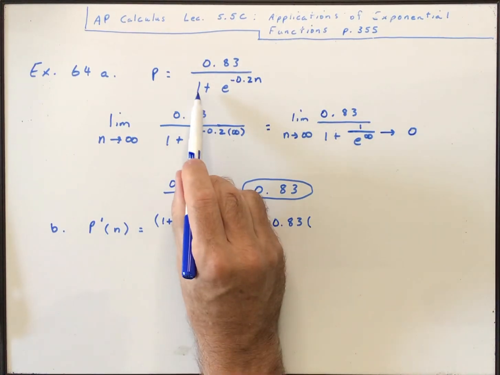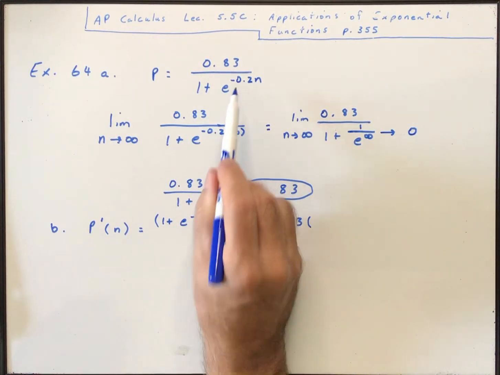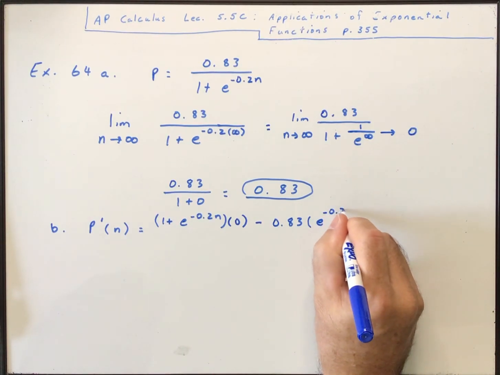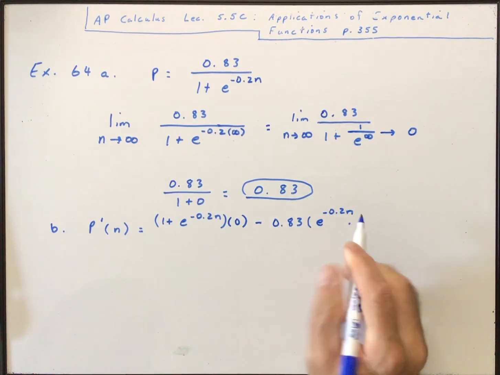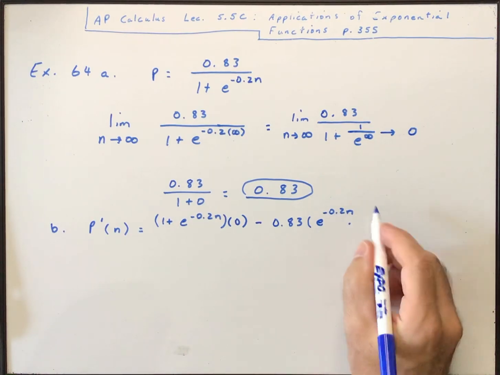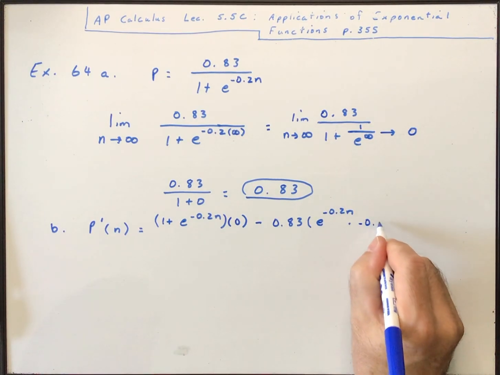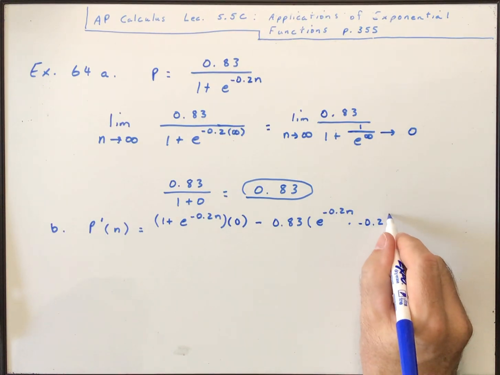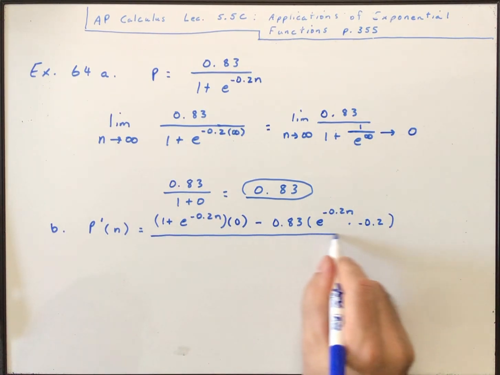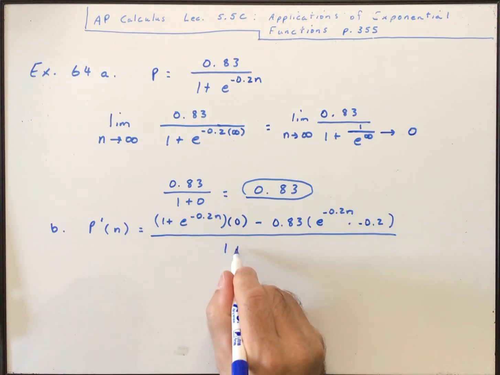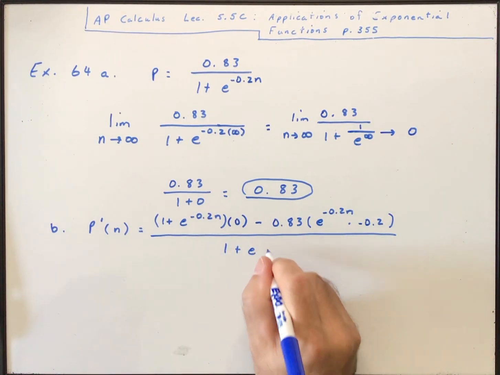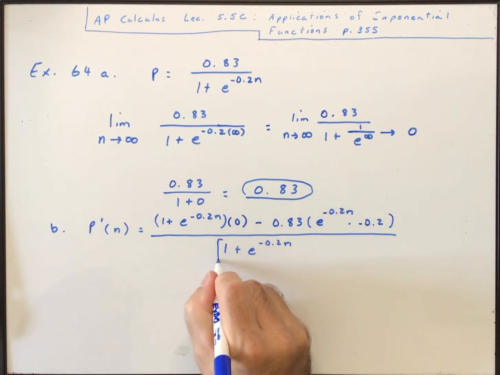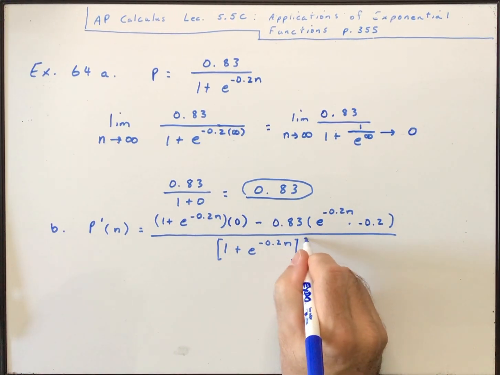Well, the derivative of 1 is 0, and the derivative of e to the minus 0.2n is e to the minus 0.2n times the derivative of the exponent, so times negative 0.2. All over the bottom squared, 1 plus e to the minus 0.2n, all squared.